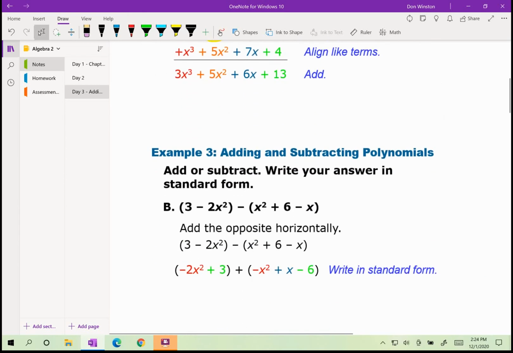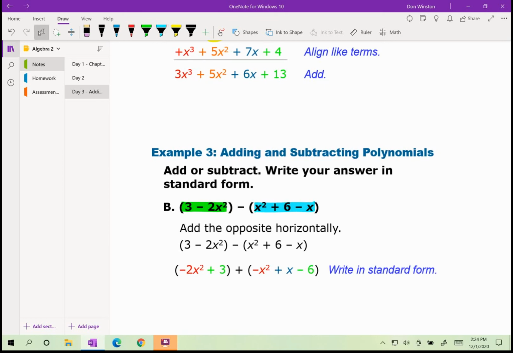Here we're subtracting polynomials, but we'll just change subtraction into addition. We'll distribute the negative. So here we have 3 minus 2x squared, and then we have minus x squared plus 6 minus x.